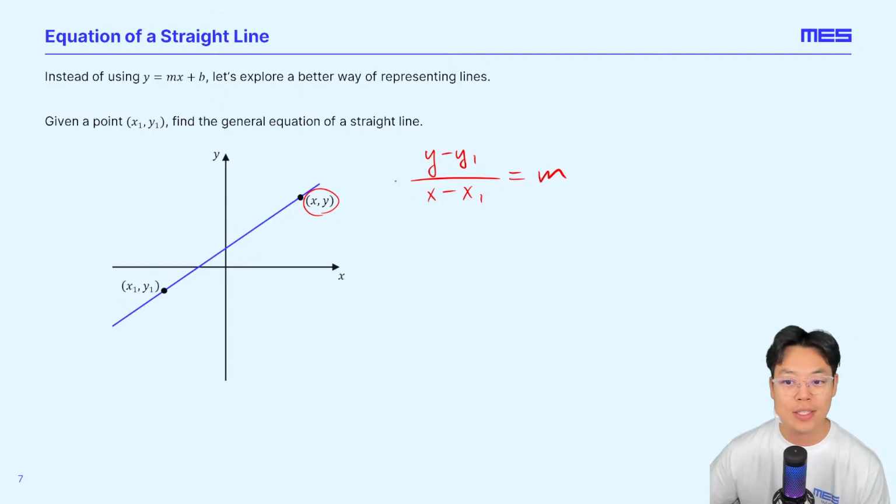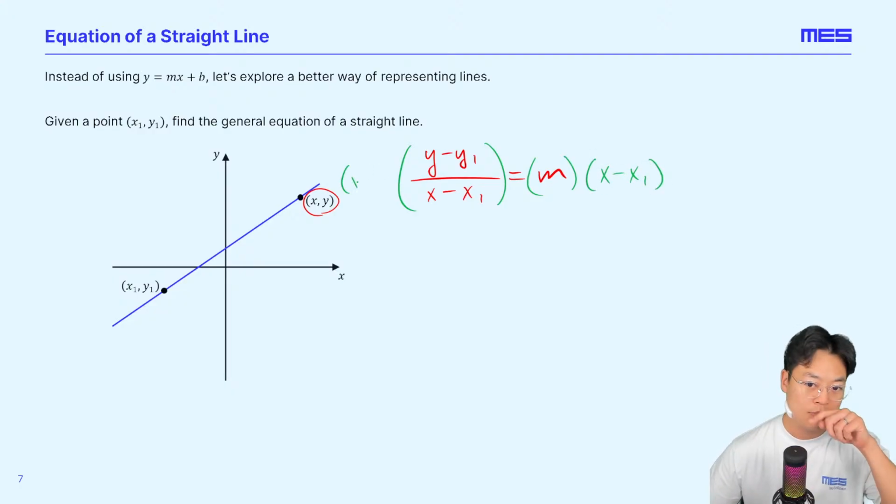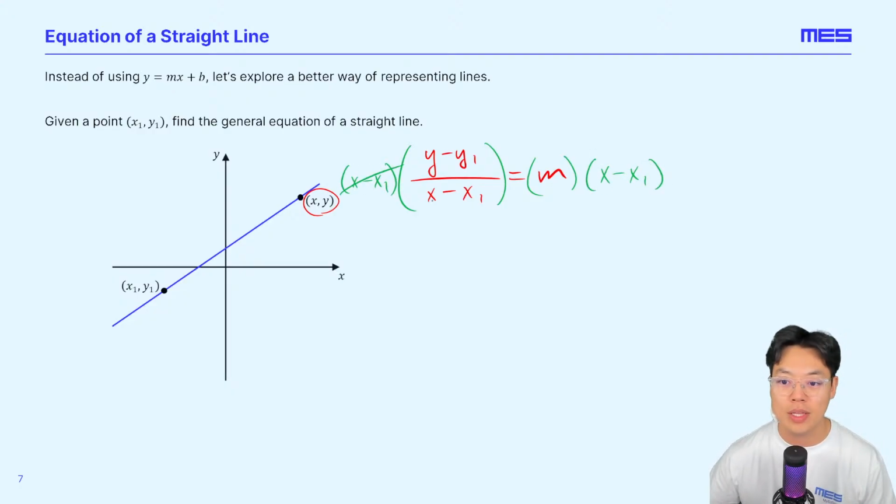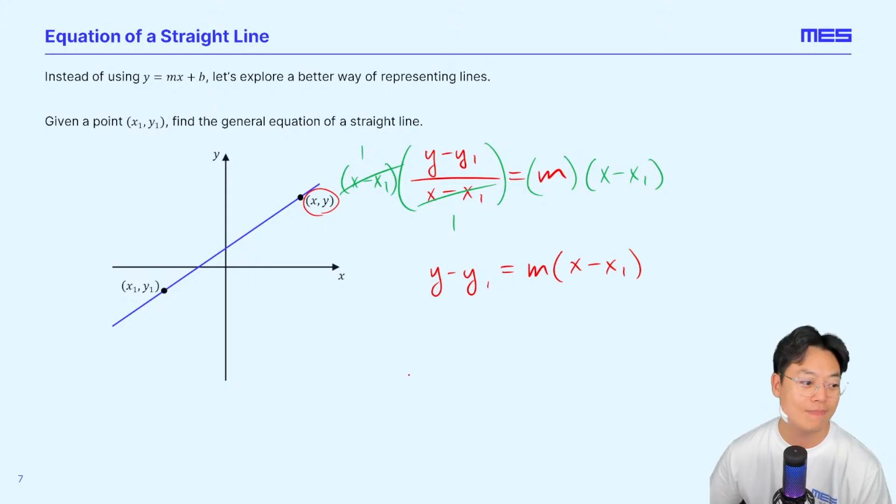Now, let's try to isolate all the y's. So I multiply both sides by x minus x sub 1. These cancel, and all we're left with is y minus y sub 1 is equal to m times x minus x sub 1.